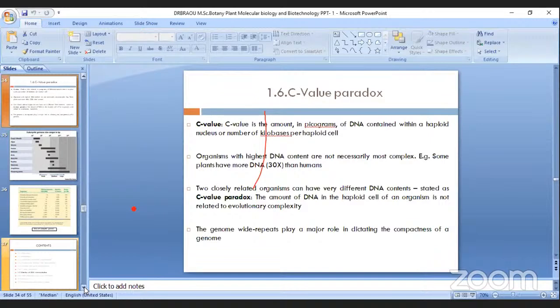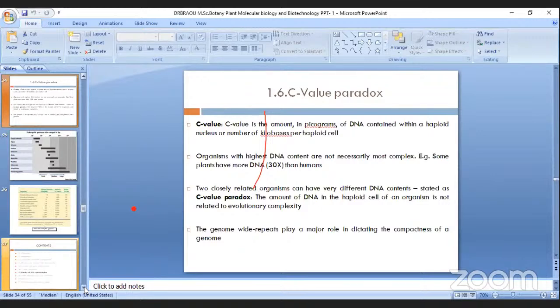This is stated as the C-value paradox: the amount of DNA in the haploid cells of an organism is not related to evolutionary complexity. Simply, two closely related organisms don't have similar DNA content.